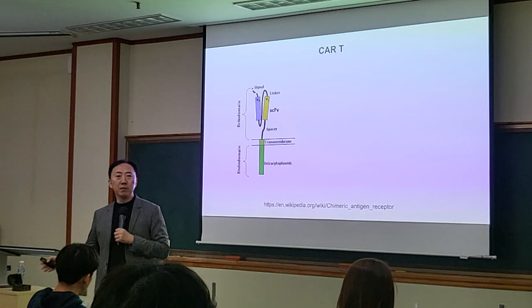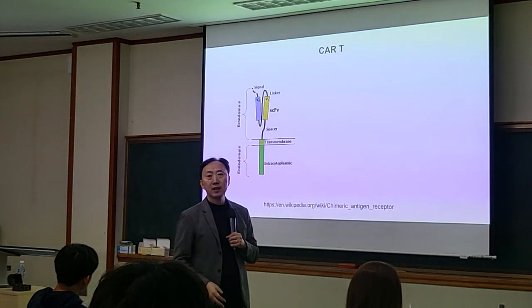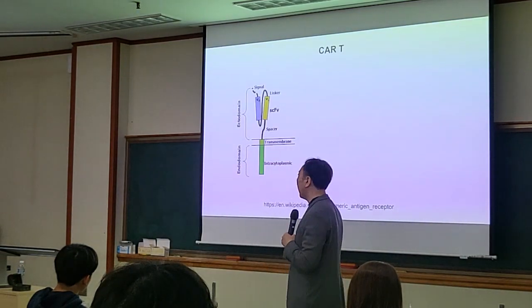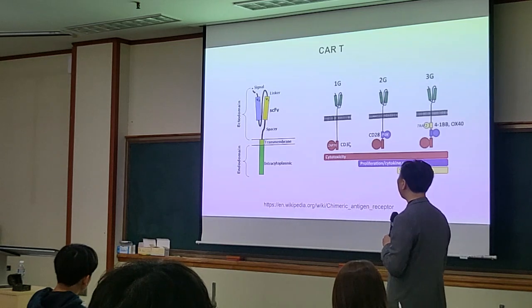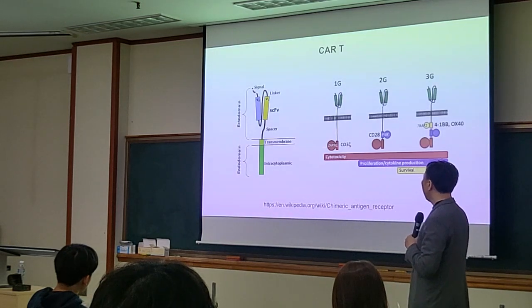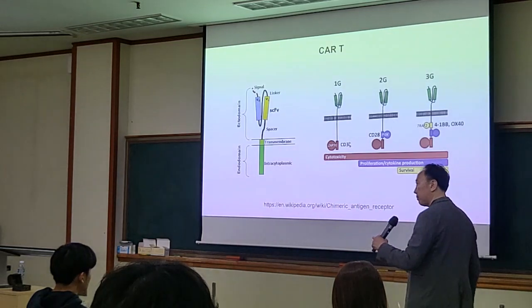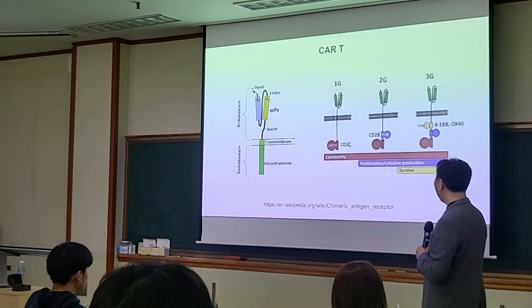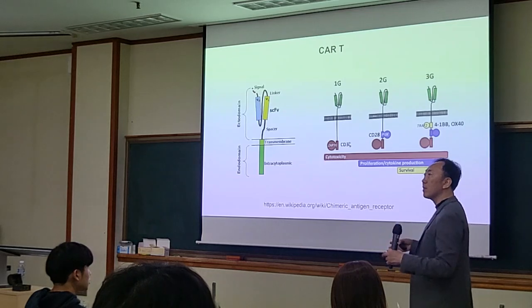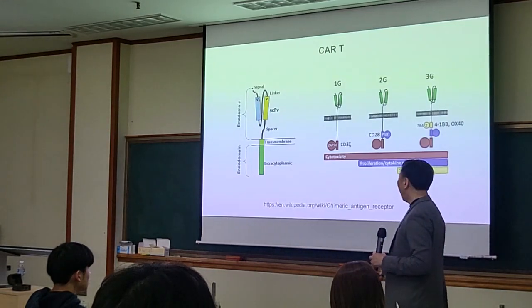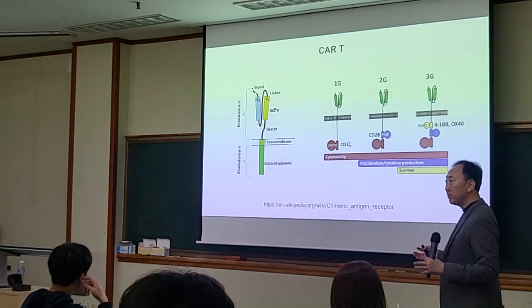So even if the original binding event does not work, now there is a new function. And for the downstream, they try to generate more cytotoxic response, and also proliferate better, make more cells, and it can live long.